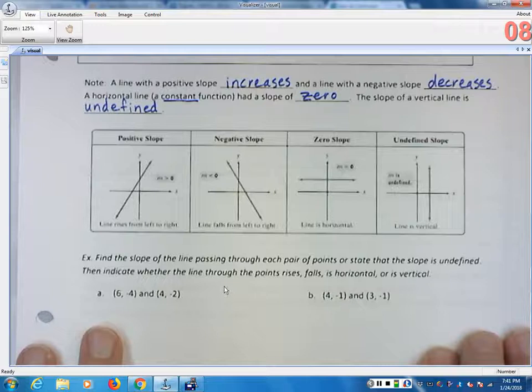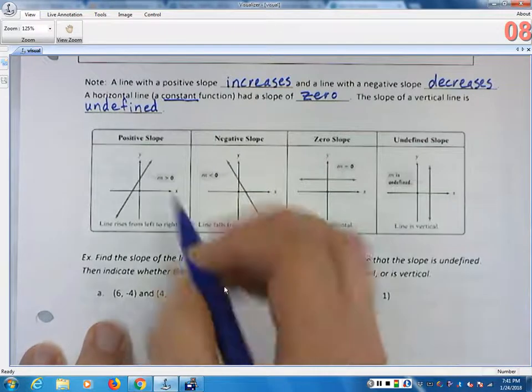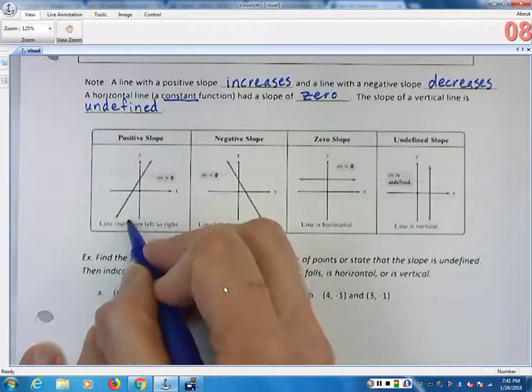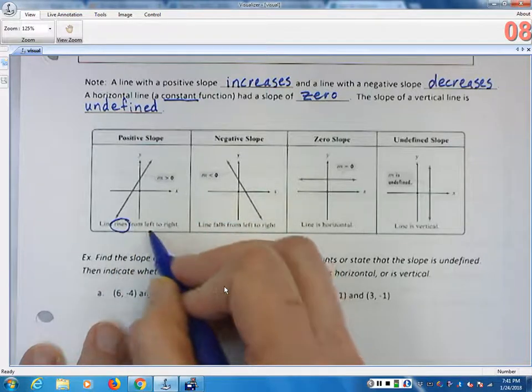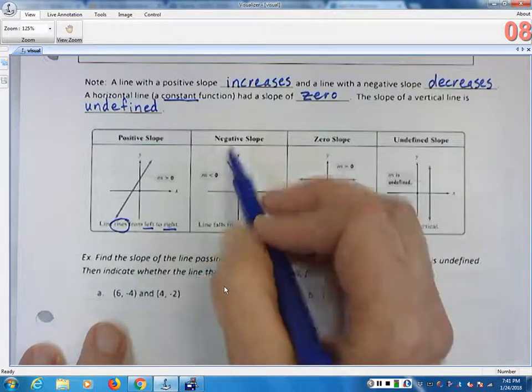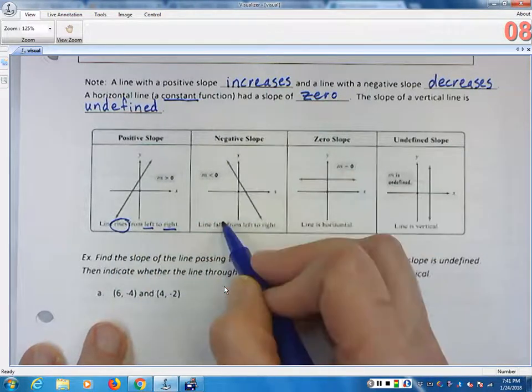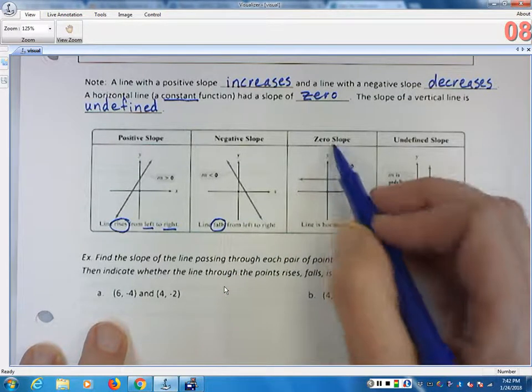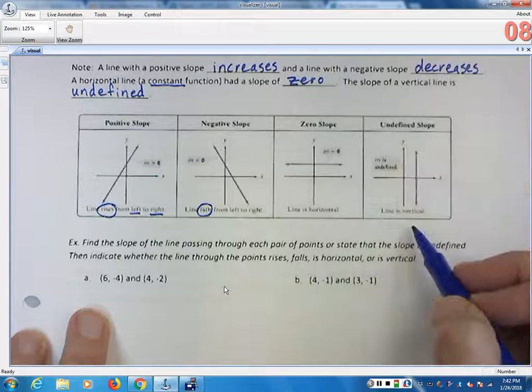Okay, so here's some pictures. If you have a positive slope, it's increasing, the line rises, and you always look at graphs from left to right. If it's a negative slope, the line falls. And if it's 0 slope, the line's horizontal. And if it's undefined slope, the line is vertical.